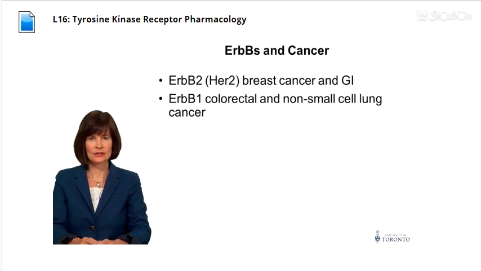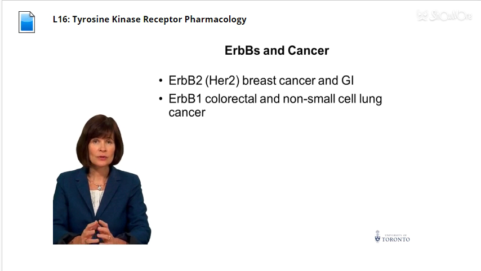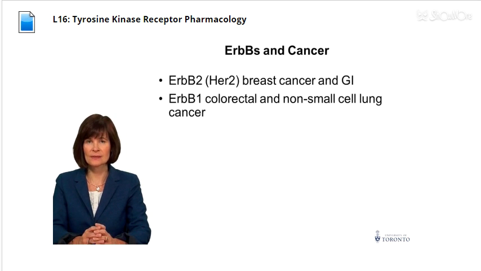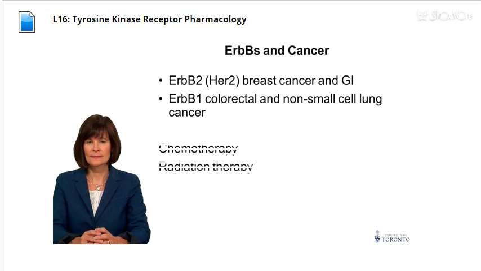There are a number of cancer types that have ERBB mutations. HER2 mutations are found in many types of breast cancer as well as some cancers of the gastrointestinal system. ERBB1 receptors are also dysregulated in some types of cancer, such as colorectal cancers and non-small cell lung cancers.